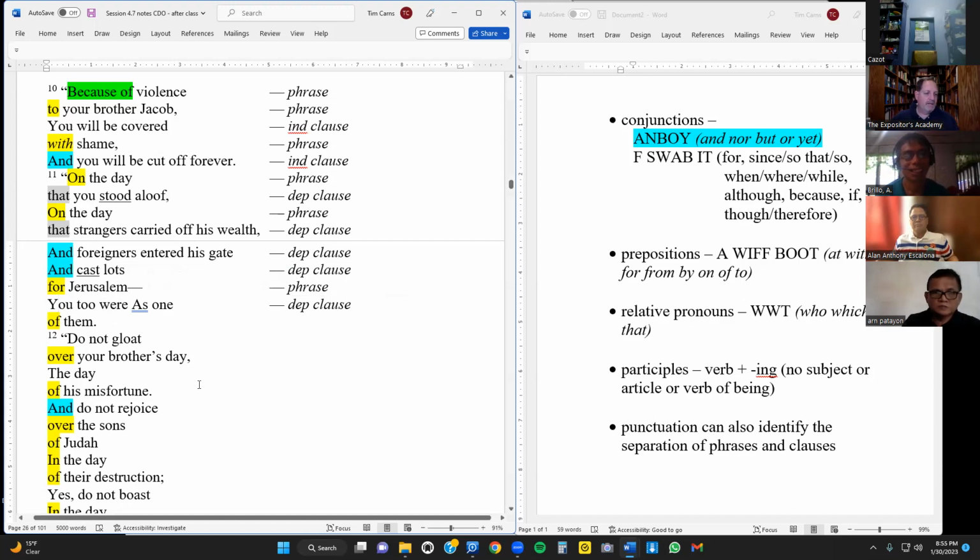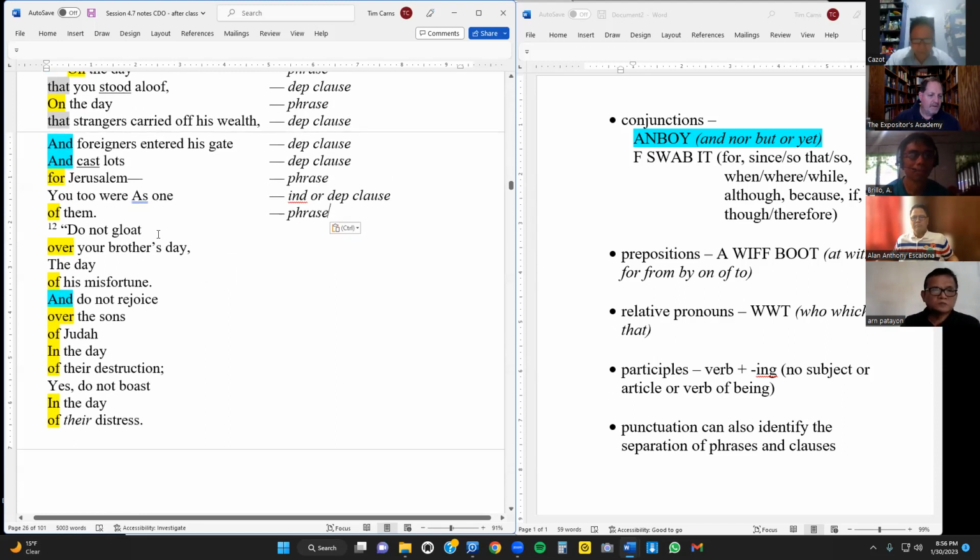And here, I believe there's no conjunction connecting them. So I think this might be an independent clause. Yes, sir. There is possibility, sir. Yeah. So we'll put independent or dependent. We'll think about that a little more. Now, of them, phrase or clause. Phrase, sir. Yes. Good.